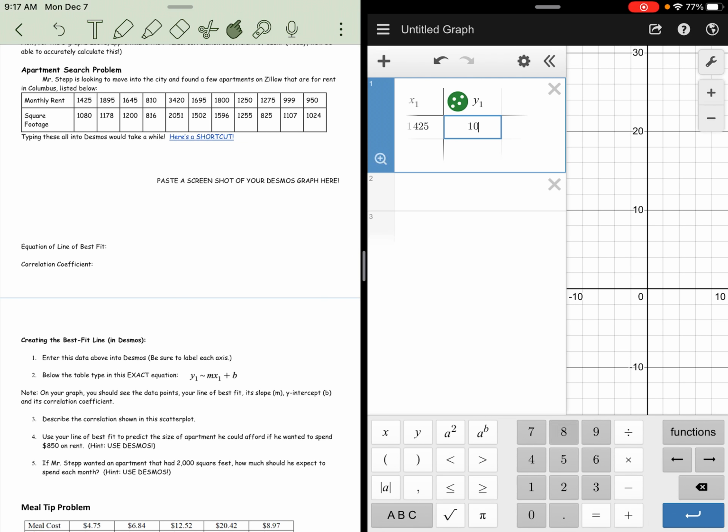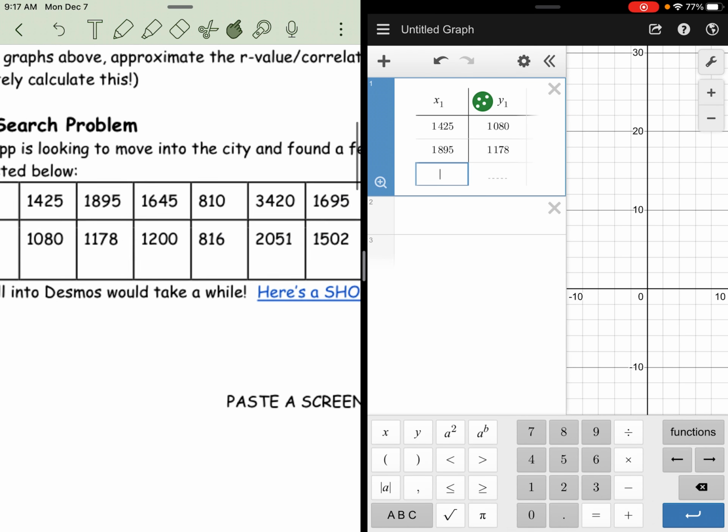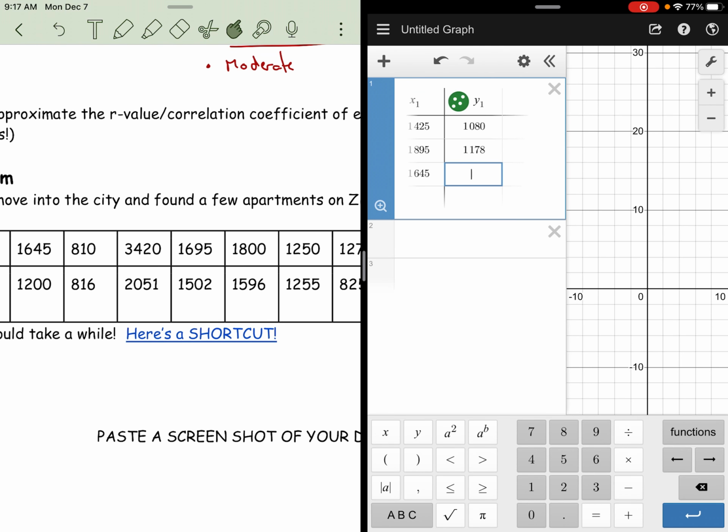1425, 1080, 1895, 1178, 1645, 1200, 816, 205. Oh, 810, 816.